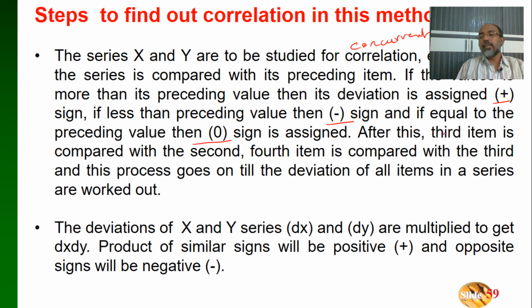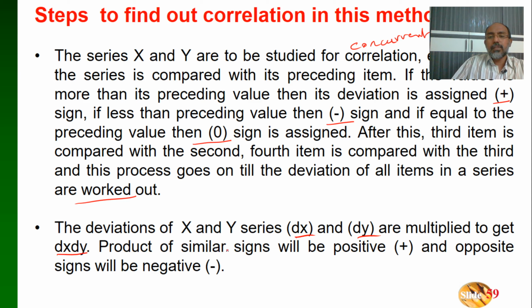After this, the third item is compared with the second, the fourth item with the third, like that. This goes on till the deviations of all items are worked out. The next step: the deviations of the X and Y series, that is dx and dy, are multiplied to get the product dx dy.